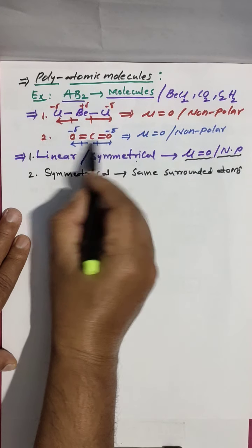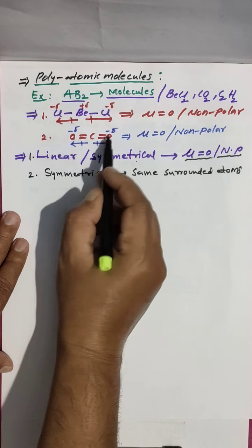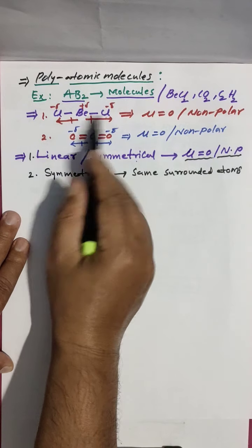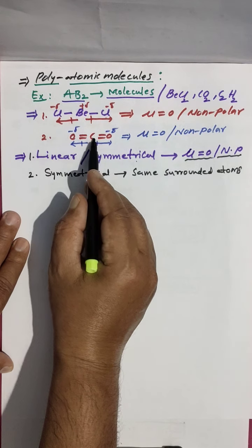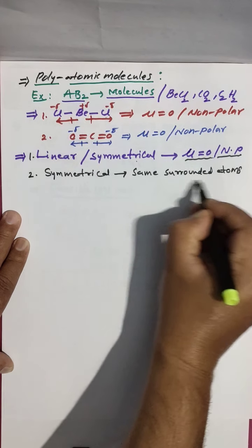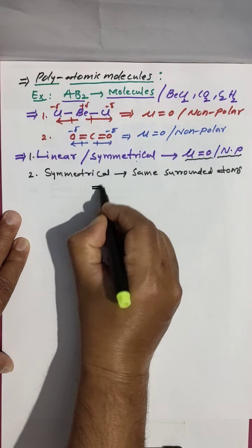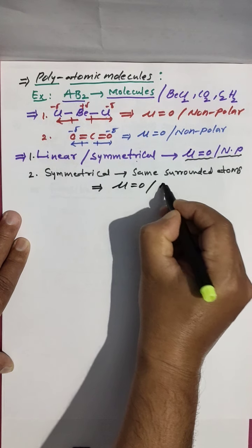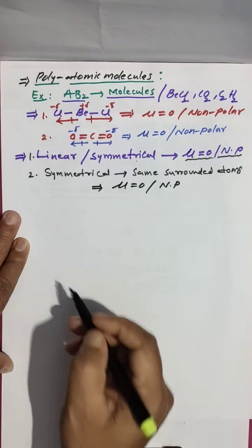See here, symmetrical molecule, same surrounded atoms. Beryllium surrounded by 2 chlorines, same. Carbon surrounded by the same oxygen atoms. With symmetry and the same surrounded atoms, the net dipole moment is always 0, and that is non-polar.